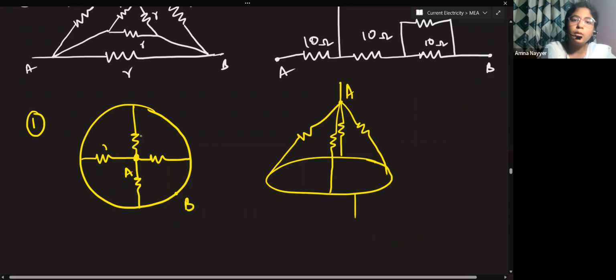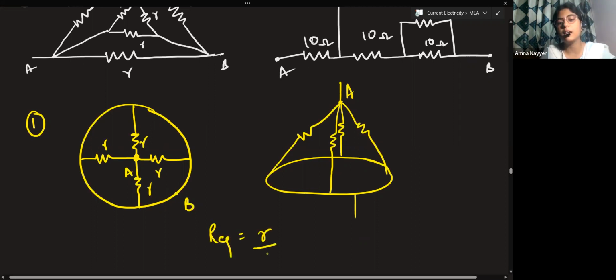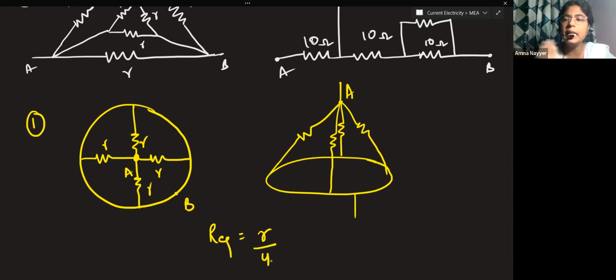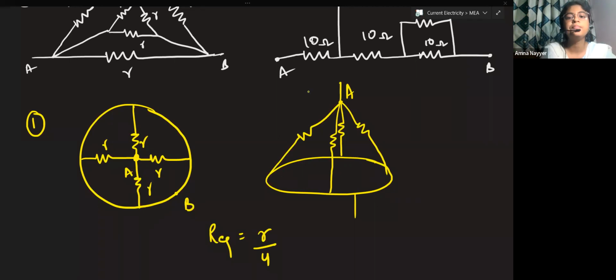What is the value each of them carries? Yes, now you understood how to do it. It will be R/4, so R equivalent will be R by 4. They were identical, so your calculations were easier. Had they been different, you can directly add them: 1/R1 plus 1/R2 plus 1/R3 plus 1/R4. All right, so the first one is correct.